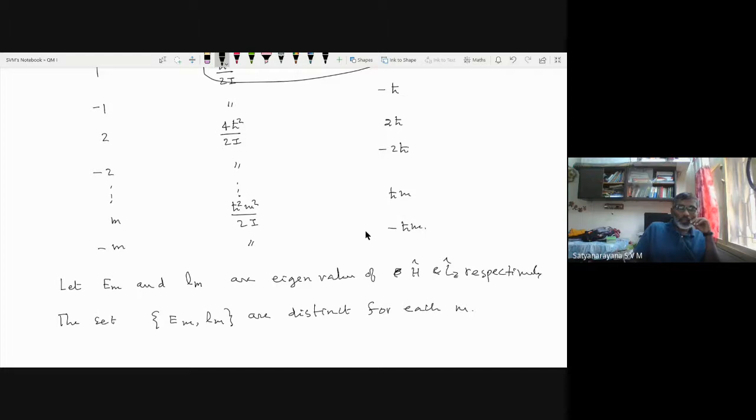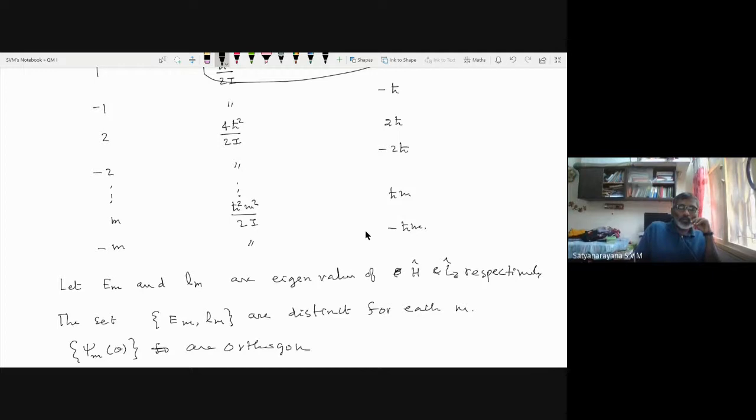These common eigenstates that we have are all orthogonal. So that means the psi m theta are orthogonal.